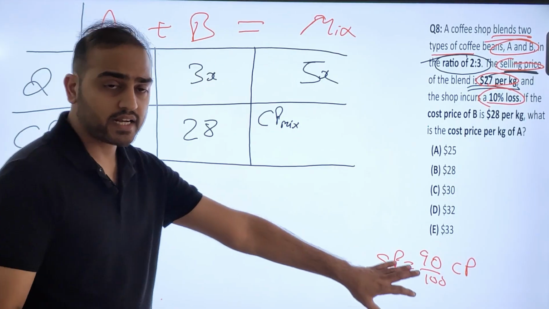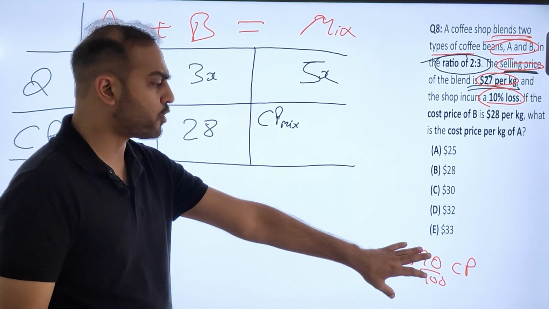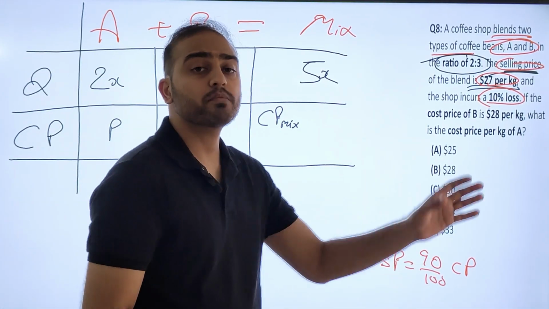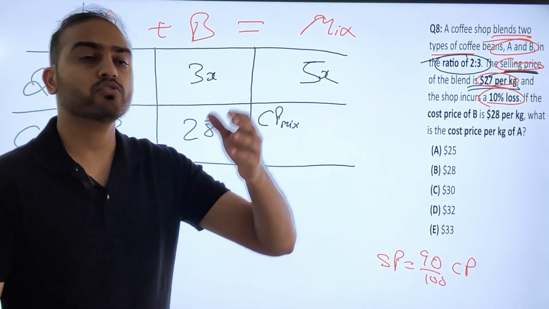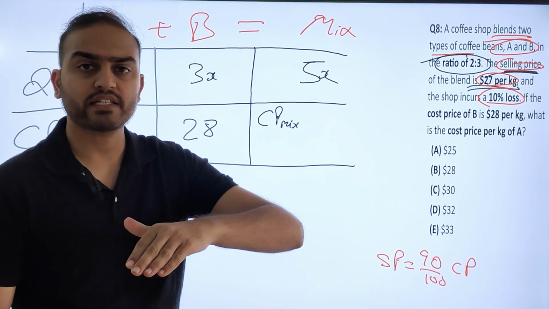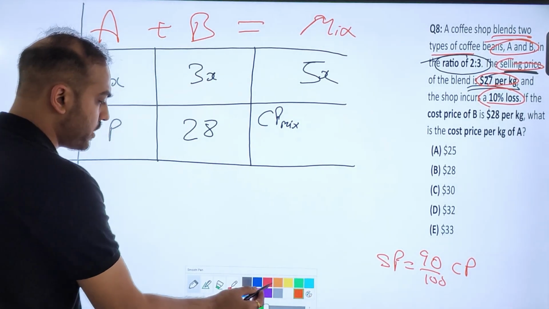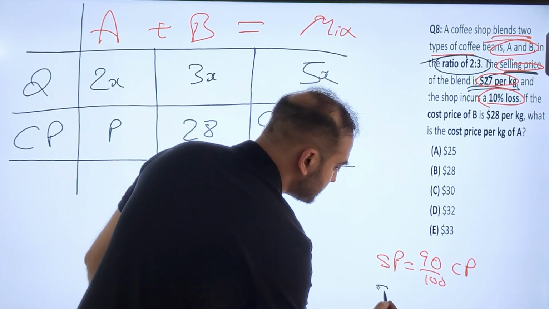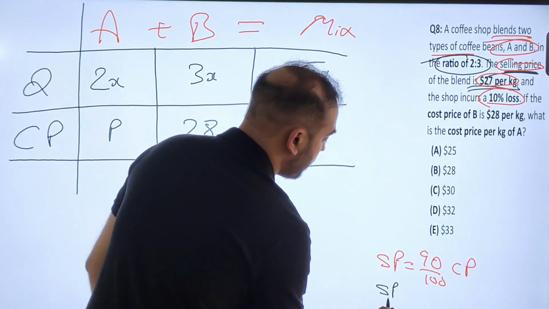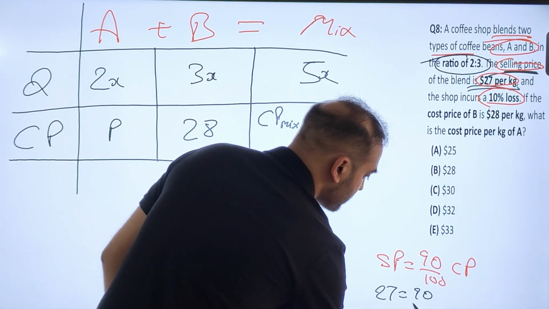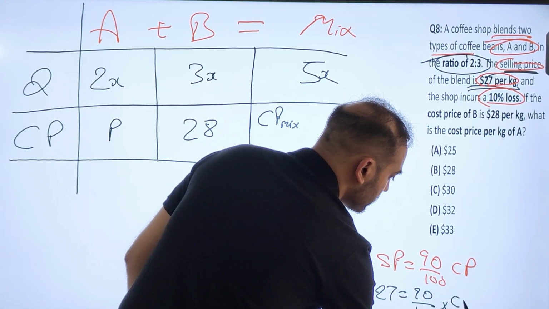If you want to understand this, you can watch our profit loss video, you will get that point there. Because there is a 10% loss, selling price is 10% lower than cost price. So selling price is 90% of cost price. We know selling price is 27, which is 90% of cost price.